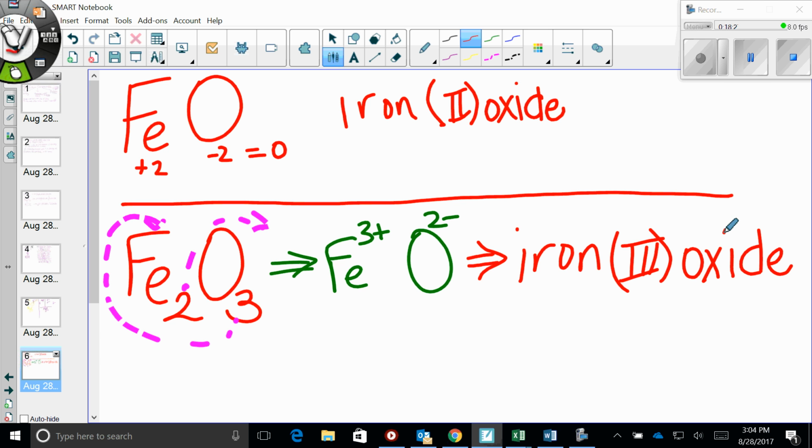When I write it, it does not add up to 0, because on its own it adds up to +1. But if I do the lowest common multiple, 3 times 2 is 6. That's a +6. 3 times 2 is -6. +6 -6 is 0. So when I multiply them by their subscript, it does add up to 0. But the oxidation number on its own will not add up to 0.